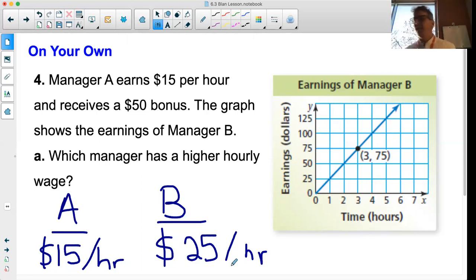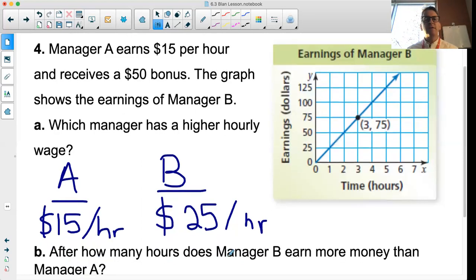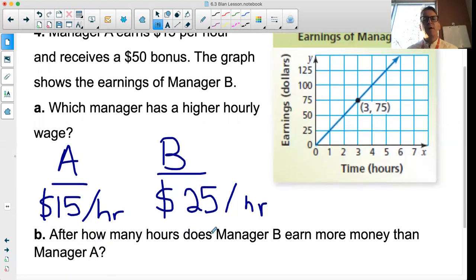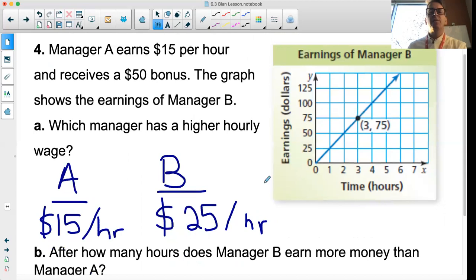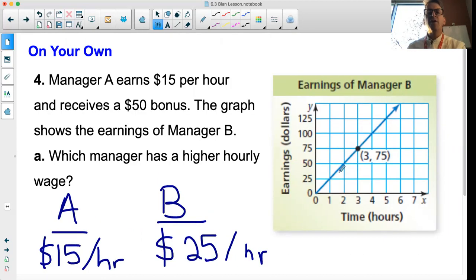Then it says, after how many hours does manager B earn more money than manager A? What we need to do is put manager A's graph onto the same graph and see where they cross.